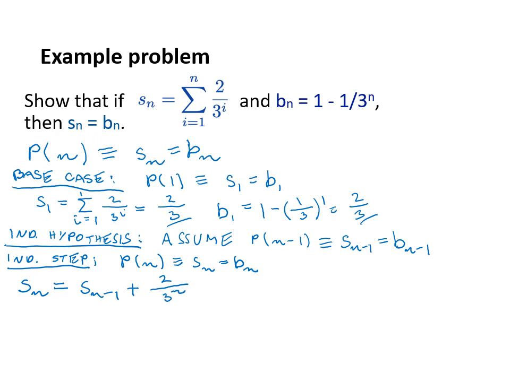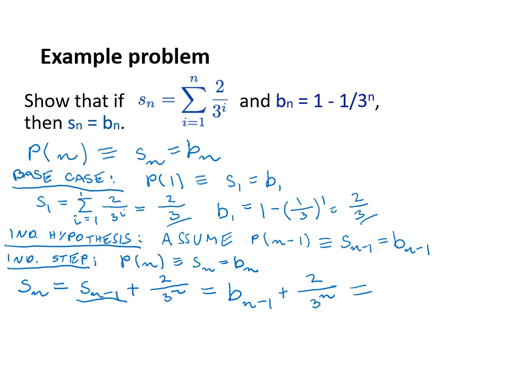So this follows from the definition of S of n. And now, the same as before, we want to leverage the induction hypothesis, and we want to substitute this S of n minus 1 with B of n minus 1. So we get that this is equal to B of n minus 1 plus 2 divided by 3 to the power of n.